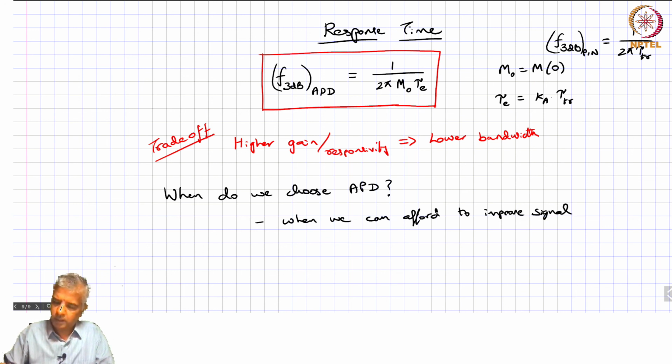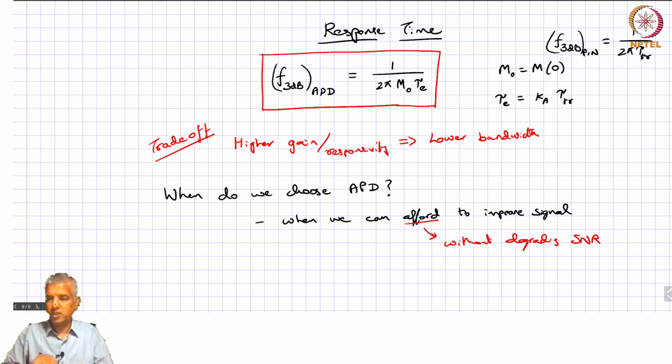And what do we mean by this word afford? What we are talking about is without degrading the signal to noise ratio. Now, of course, we have not talked about noise very much, so that is something we will go into in a little more detail shortly.